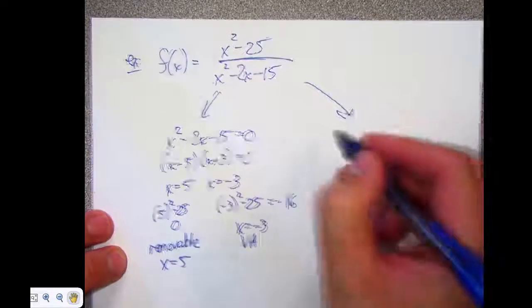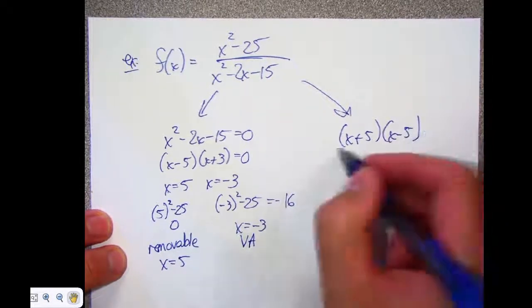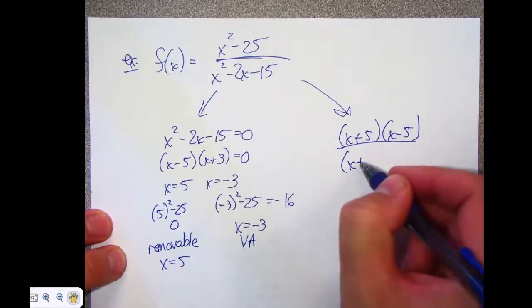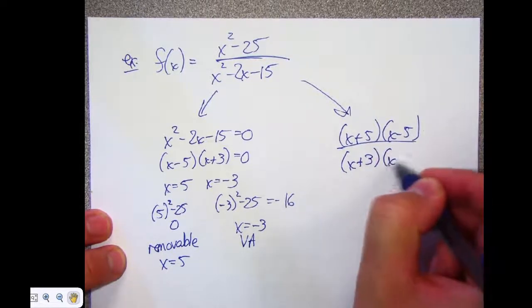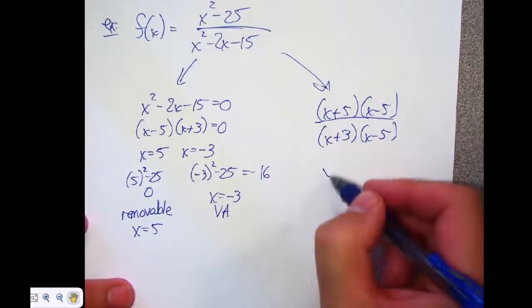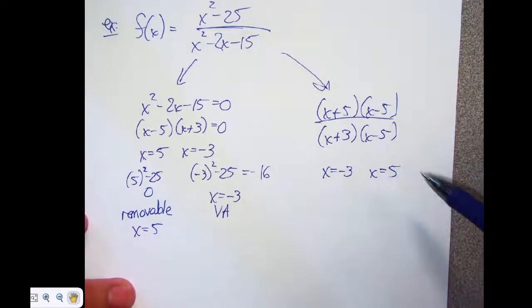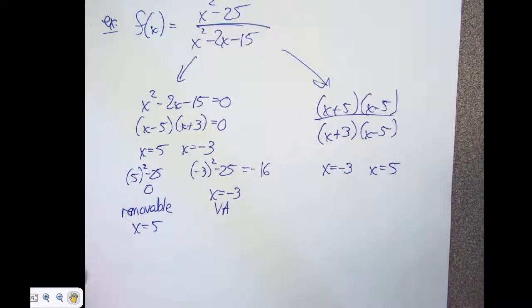Or factor the top. Okay, x plus 5, x minus 5 equals 0, or just leave it. x plus 3, x minus 5. And then, I guess you could solve here too and go, okay, negative 3 and x equals 5. And then it's just easier to plug back in. Is that kind of how you think about it?